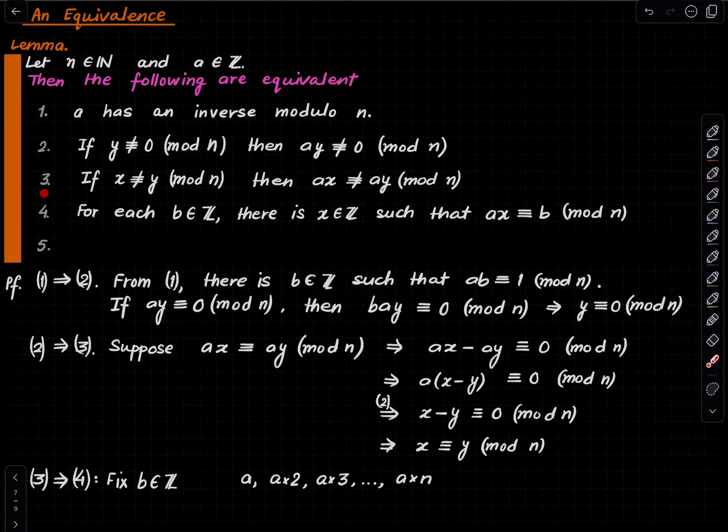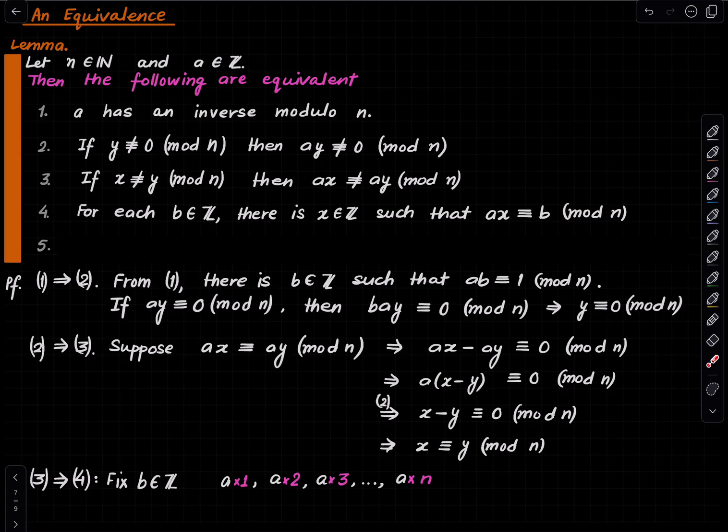But using 3, instead of writing a, let me write a times 1. And in fact, maybe I will make them with a separate color for emphasis. So all these numbers 1, 2, 3 up to n, they are pairwise mutually incongruent modulo n, right? 1 and 2 are not congruent modulo n, right?